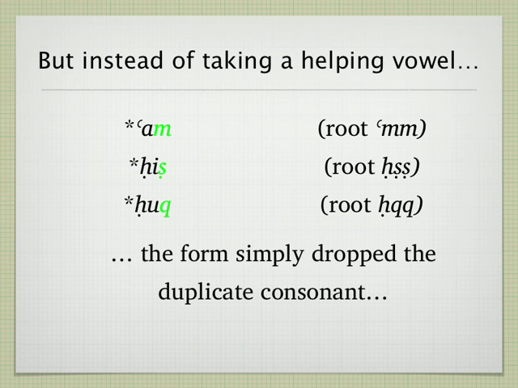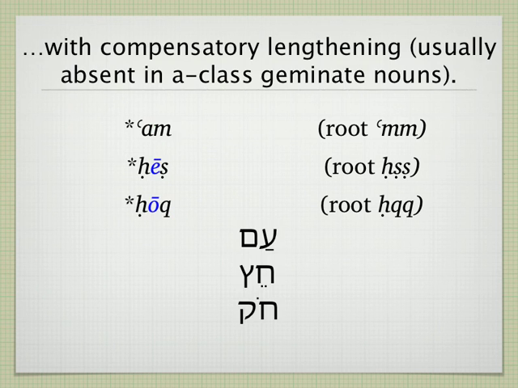And then in the forms chits and huk, we'll get compensatory lengthening for that missing duplicate consonant. Again, this compensatory lengthening is usually absent in a-class geminate nouns. And here are our biblical forms, chets and choq.